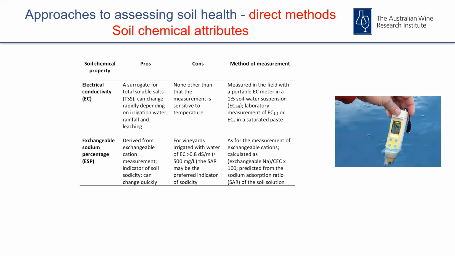With respect to the physical properties, to the extent that the stability of structure is dependent on the exchangeable sodium percentage, that would determine how often you might want to look at the soil physical condition, which might be every 3 years.